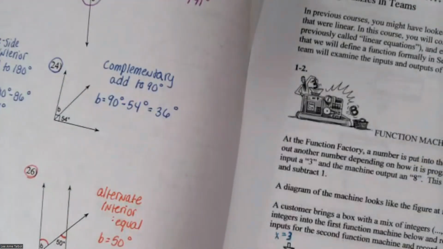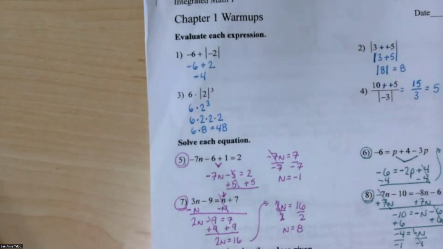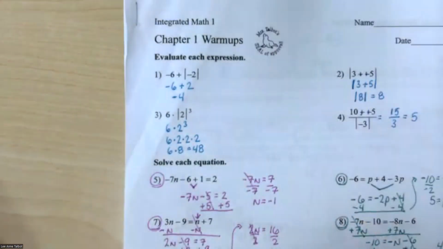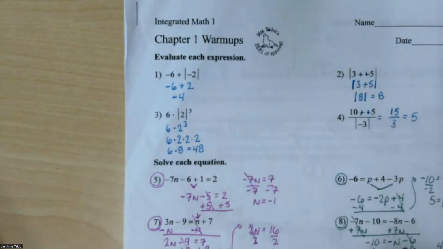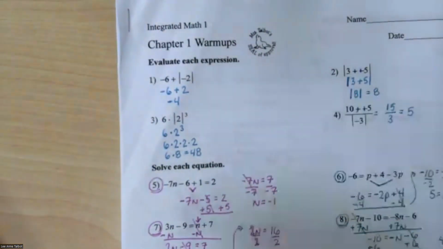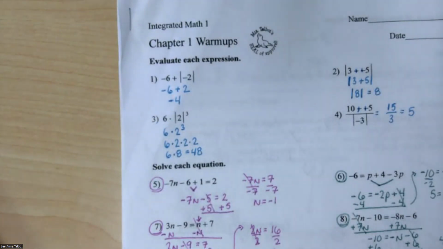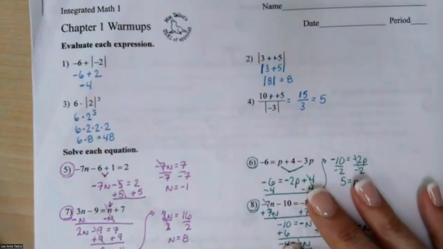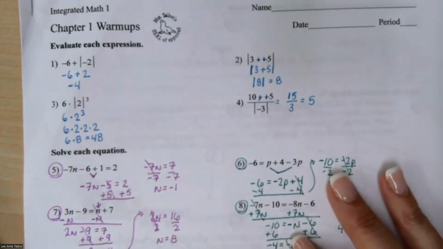There should be 26 of them. You're just going to glance. You're going to show them to me. And then I put a stamp right next to the word warm-ups right there. So you're just going to flip, show me your 26 warm-ups, and I'm going to put a stamp next to the word warm-ups. Does that make sense? Okay.